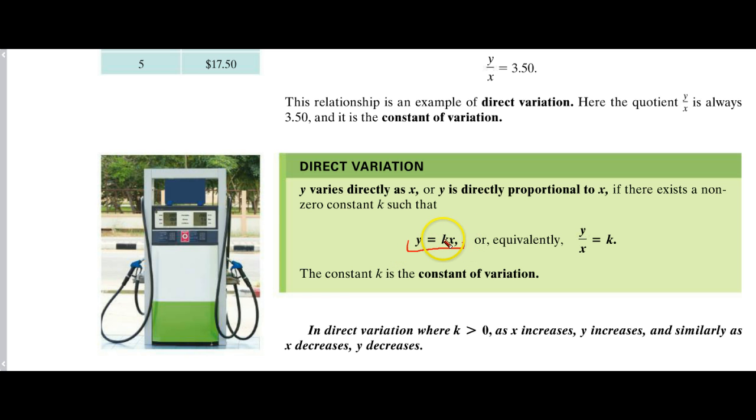Now, if you solve for the letter k, which is often what we want to do, you will divide both sides by x, and you end up with what k equals. So in direct variation, this is the formula, and k, put this in your notes, equals y over x. That's what k equals.